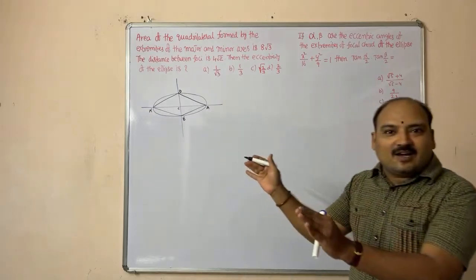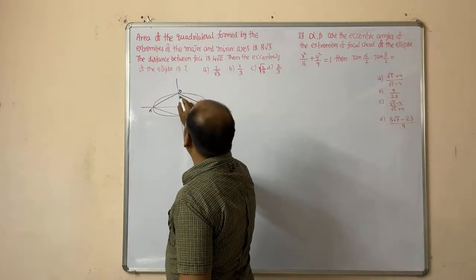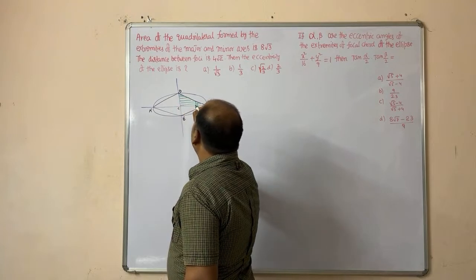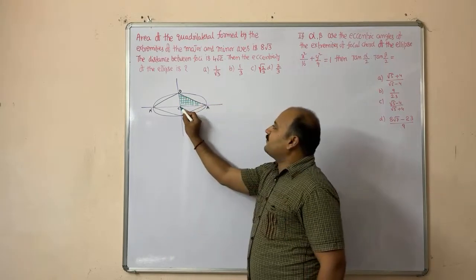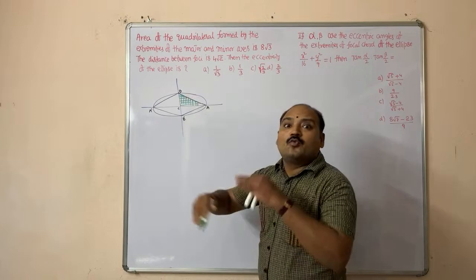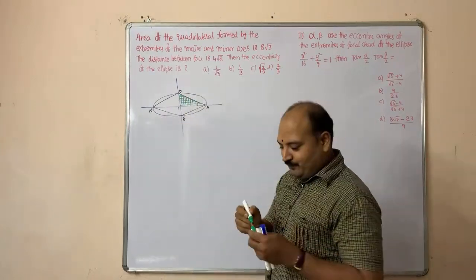So this area we have to calculate, dear students. What I am doing is, to get the complete area of this figure, if you calculate the area of triangle ACB 4 times, then the area of quadrilateral will come.